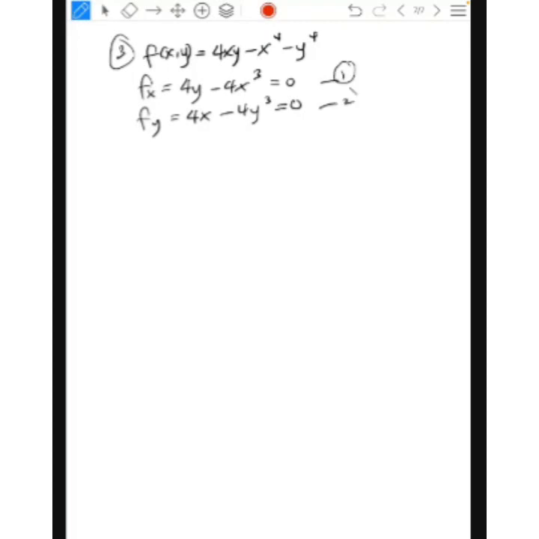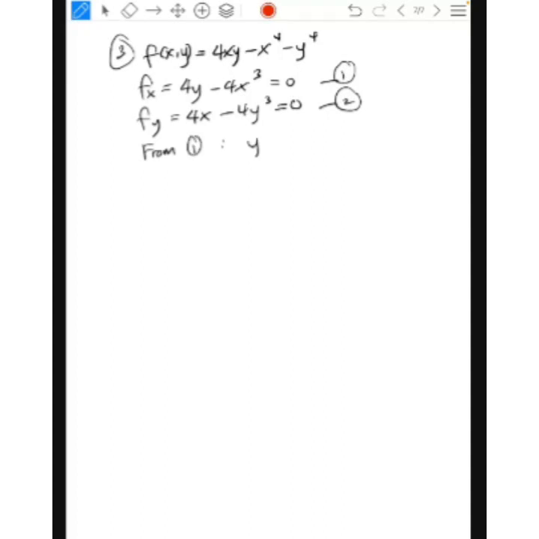If you look at these equations, they are very much similar, just a difference in the variables, x becomes y and y becomes x. So you can choose to start with 1 or start with 2. Let's say you choose from 1.